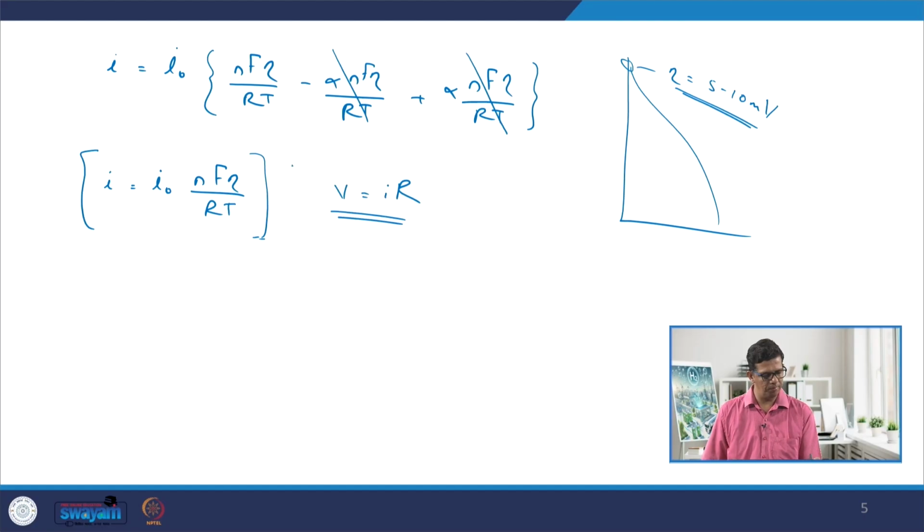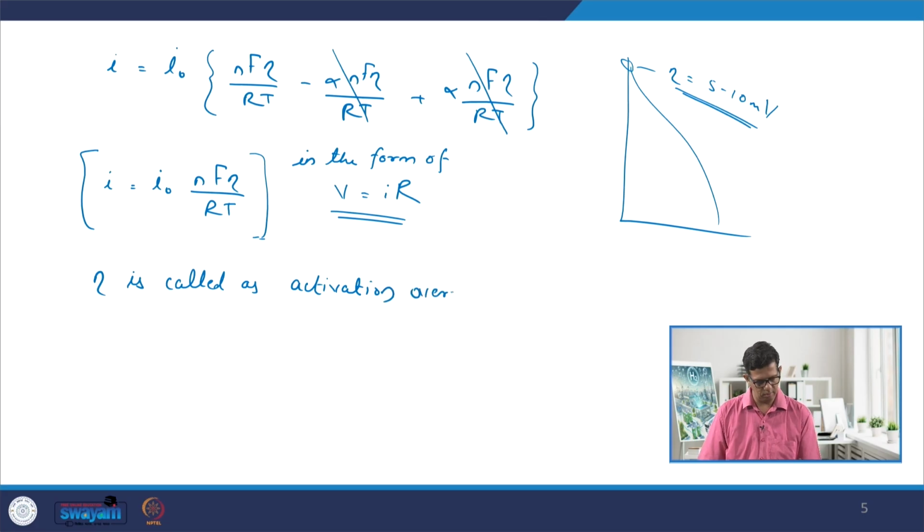This is in the form of V equals IR. And if we rearrange these terms, we can write the same expression in this form. In that, eta is called the activation overpotential.